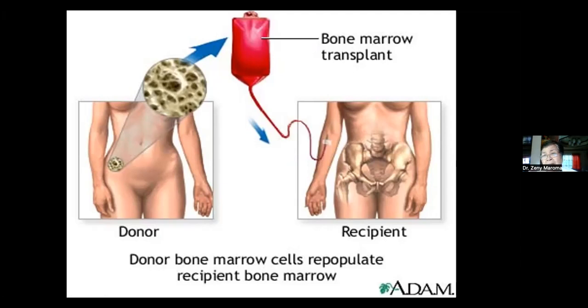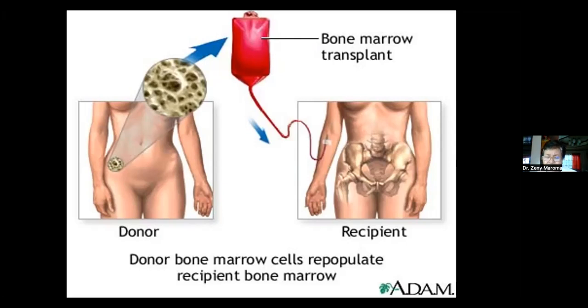So again, the marrow cells are harvested from the donor and the blood cells pass through the machine para ma-extract yung stem cell. Bago i-transfuse IV, naka-prepare na rin si patient. Okay? Tapos ibibigay nga sa kanya through IV.